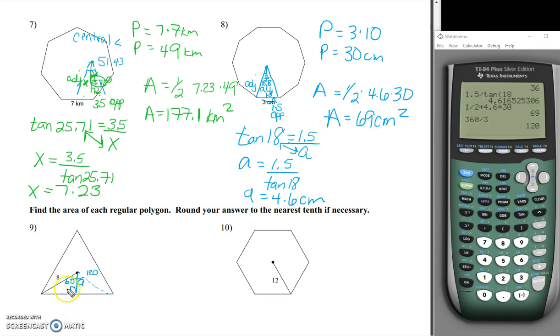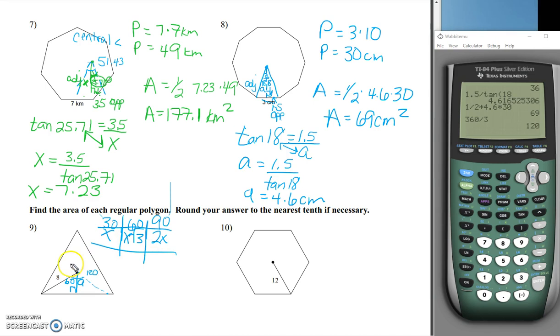Okay. And that makes it a 30, 60, 90 triangle. We've worked with our special right triangles before. There's my 30, 60, 90. My side measures are going to be x, x square root of 3, and 2x. And I'm given the hypotenuse. The hypotenuse is 8.